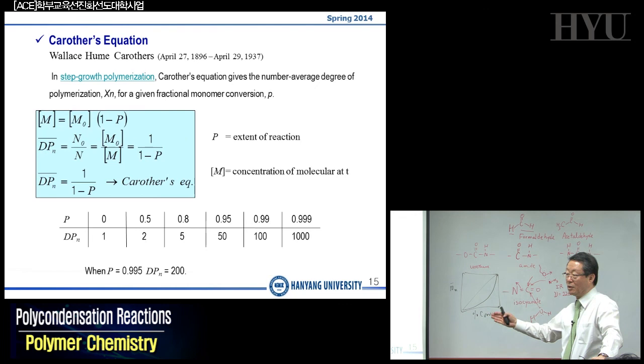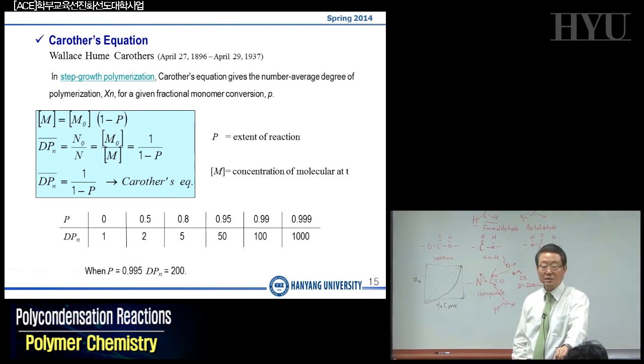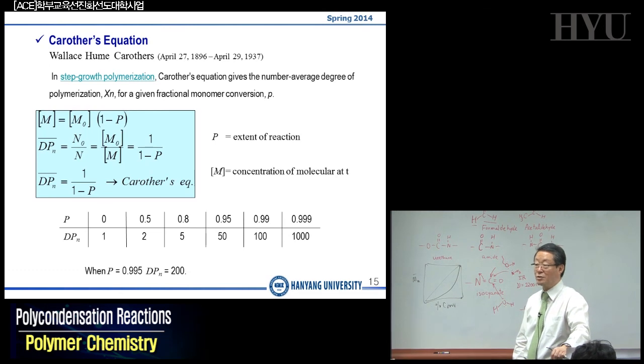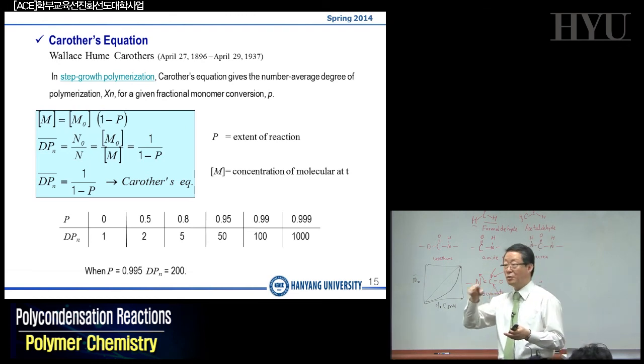Next time I think we can follow a little bit more complicated reactions, which is regarded as the modified Carothers equation, by knowing the functional groups. If you know the functionality f, we assumed that functionality is equal to 2.